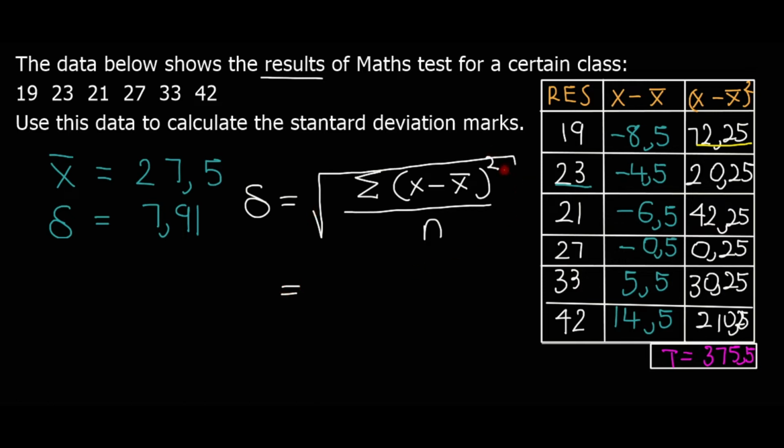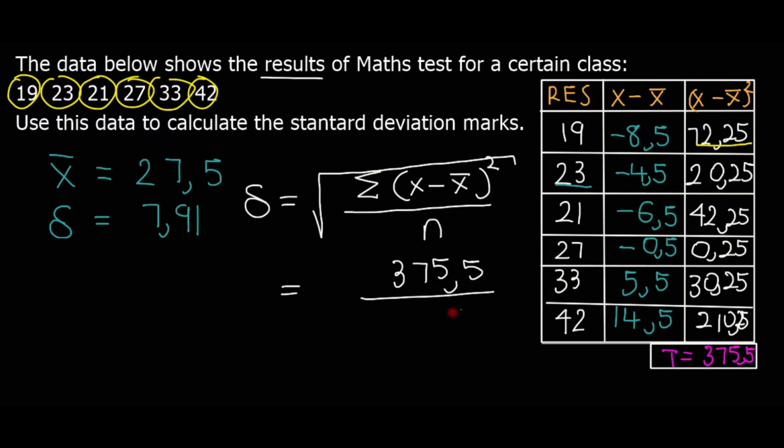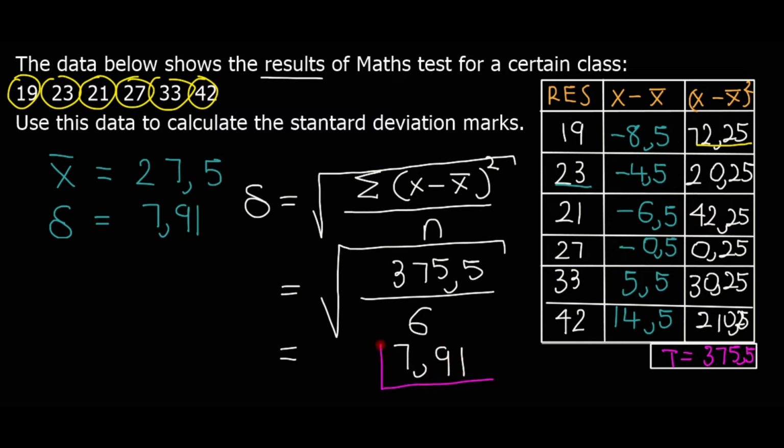So this one ke this total ra we kry here, so re la gore re na le 375.5 divided by n, so n ke the number of values in our data set, so re na le 1 2 3 4 5 6, and then re tlo re divide by 6, and then after ra e ka raga root, so the answer it will fa the same 7.91. So ke the standard deviation ge re shumisha a table.